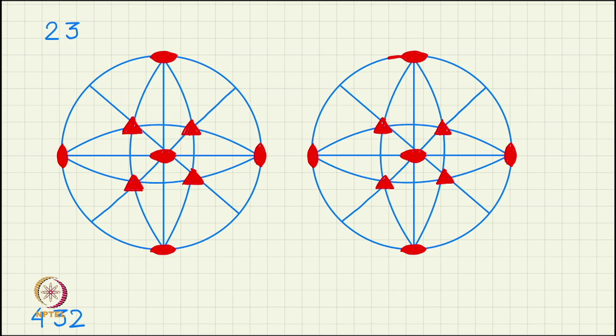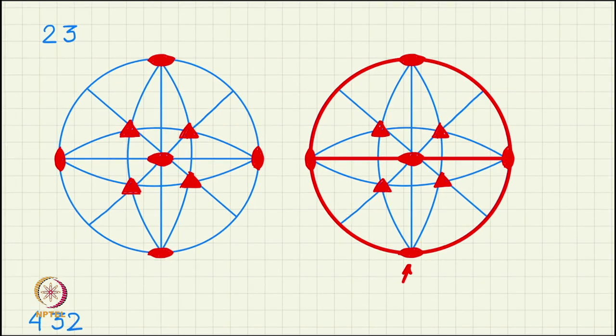The central two-fold, which is a vertical two-fold, makes the horizontal plane, the equatorial plane, a mirror plane, and then the horizontal two-fold, this one for example, makes this vertical plane a mirror plane, and these are the only two-folds.